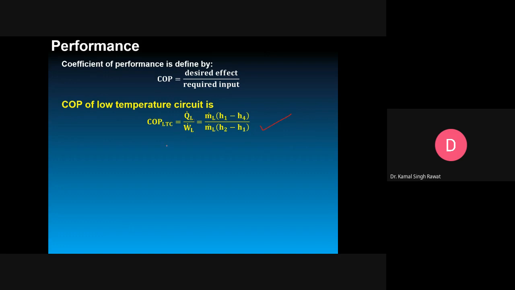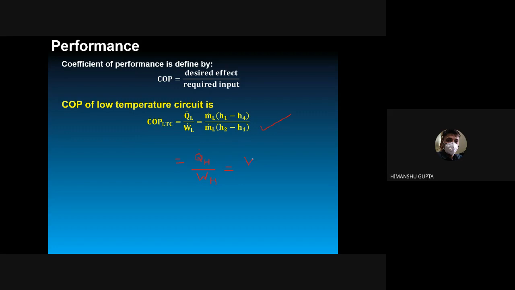Can you tell me what is the COP of the higher temperature circuit? Q dot H over W dot H. What is Q dot H? Tell me the value.